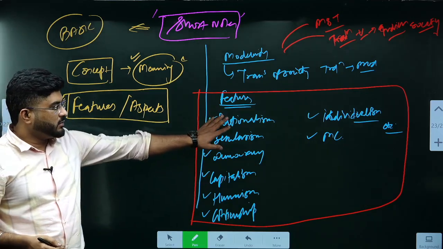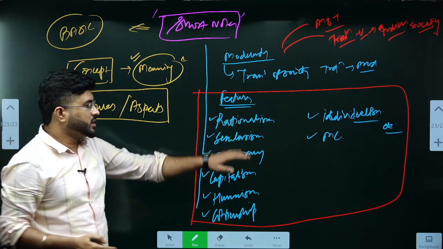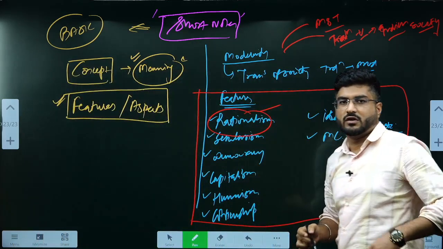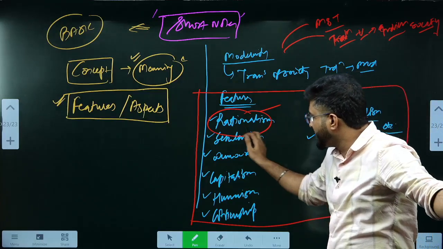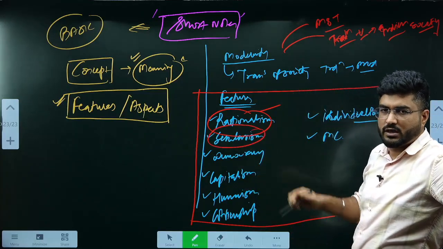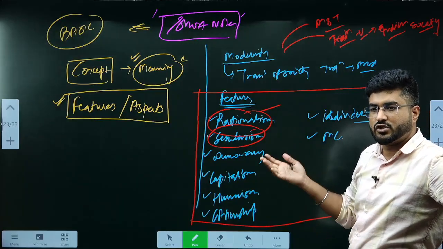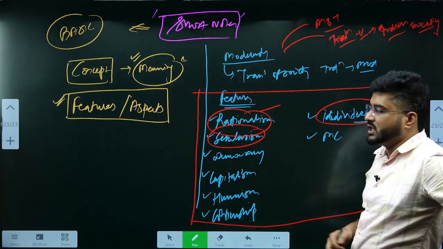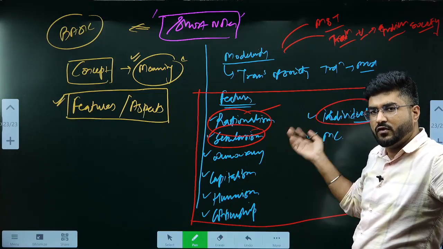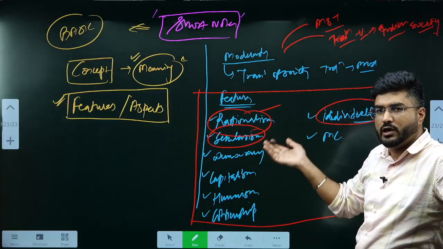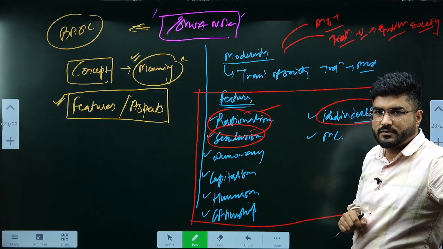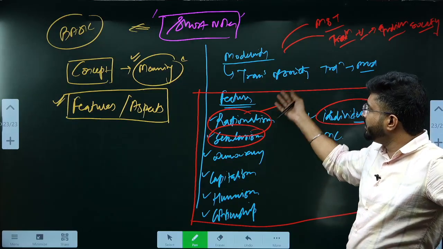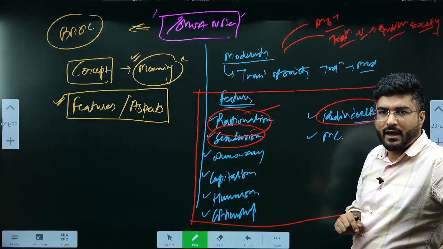That modern societies are based on rationalism, but traditional societies are based on what? Traditional values. Modern societies are focusing on secularism, but traditional societies were based on religion. Modern societies are individualistic in nature, whereas in traditional societies we have collectivism or holism as given by Yogendra Singh. What we are doing is just comparing the features of one with the other.